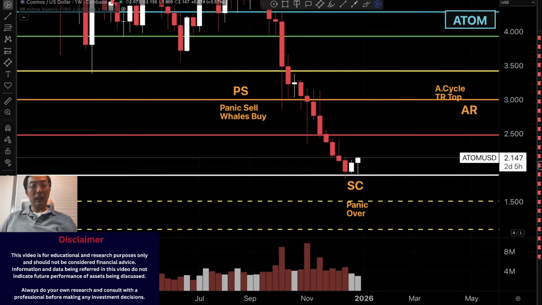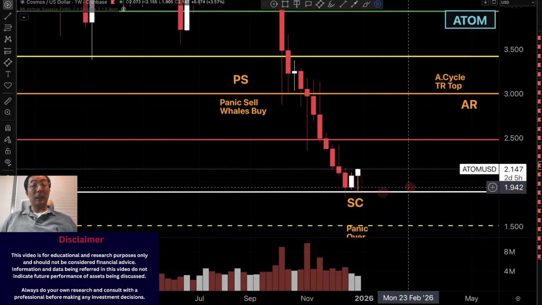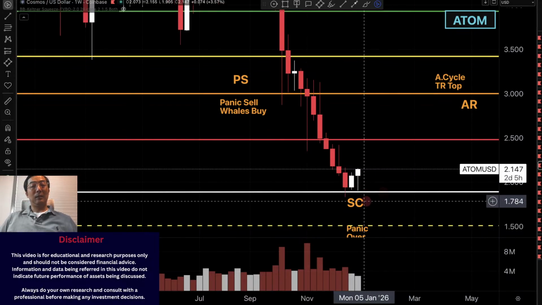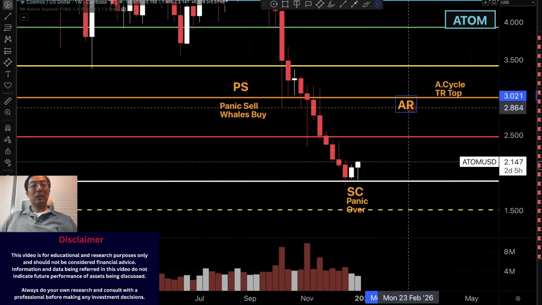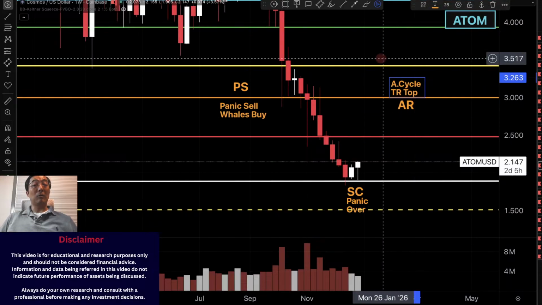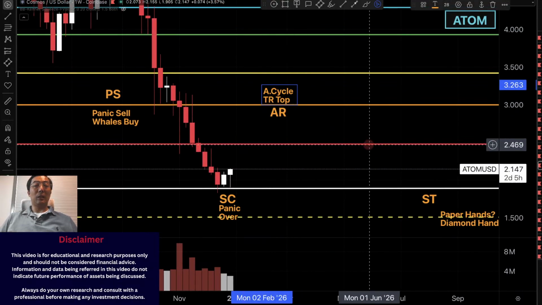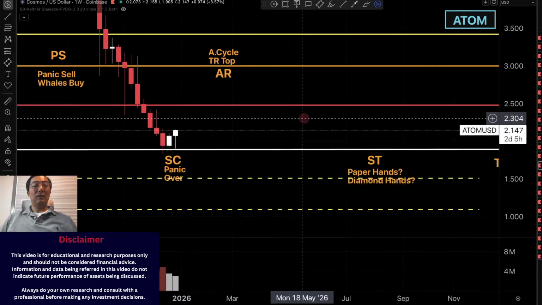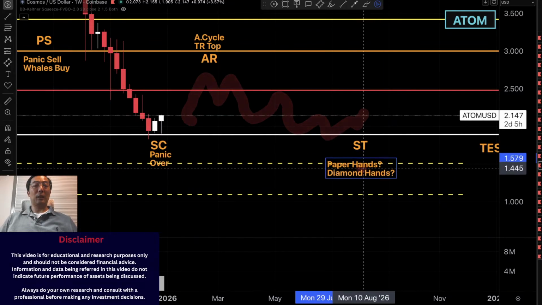And the wick from the bottom, coming from the white solid line of around $1.88, is again another positive sign. The price would come up to an automatic rally, setting the trading range top for the subsequent weeks or even months. And of course, you already know that the price may come down for more tests to check out paper hands.